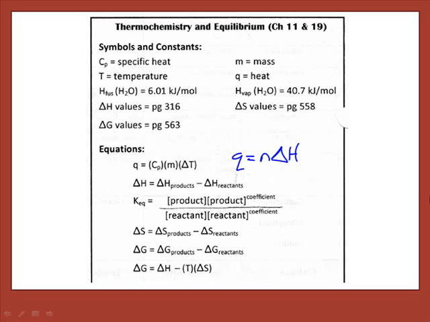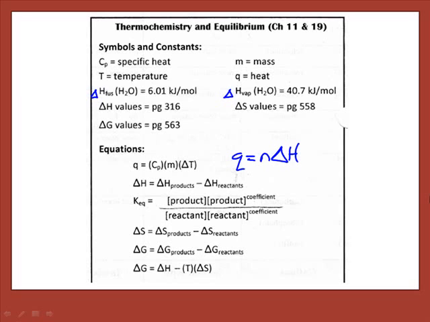The other thing that I want you to see is that whenever we're talking about something freezing or melting, we are going to use this heat of fusion. So it's the delta got left off here for the molar heat of the phase change. So we have delta H of fusion, we have delta H of vaporization. So you may just want to write those in there too.